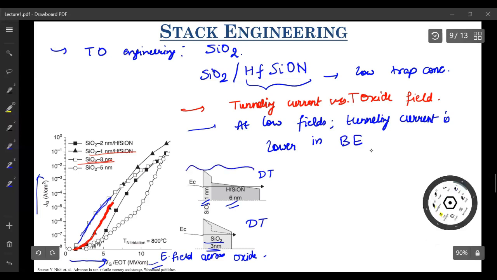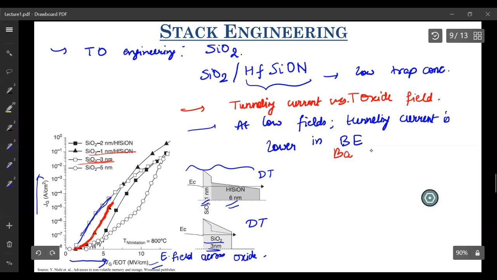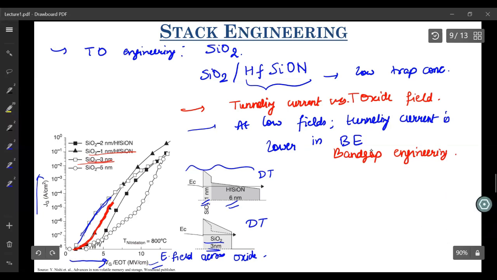We call it BE, which stands for band gap engineering. So for this band gap engineered tunnel oxide at low electric fields, your tunneling current is smaller. What this means is that charge leakage at low fields would be smaller.